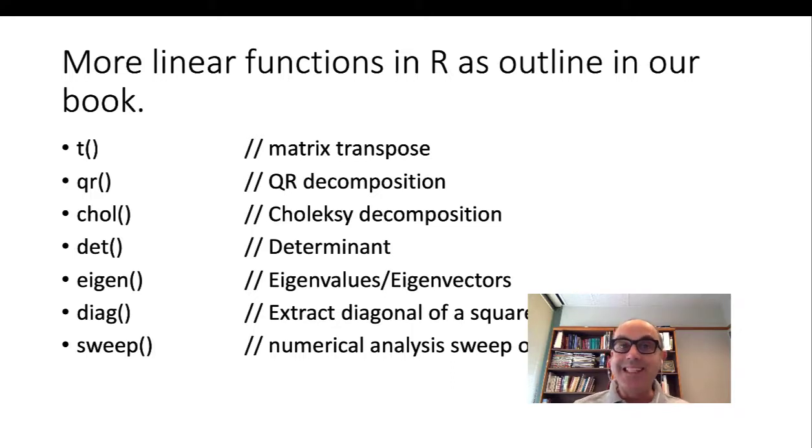I used in the assignment the t function. It is the matrix transpose. And other good functions that the book highlights are the QR, or the Cholesky decomposition, or the det, determinant, and again, how to apply that.